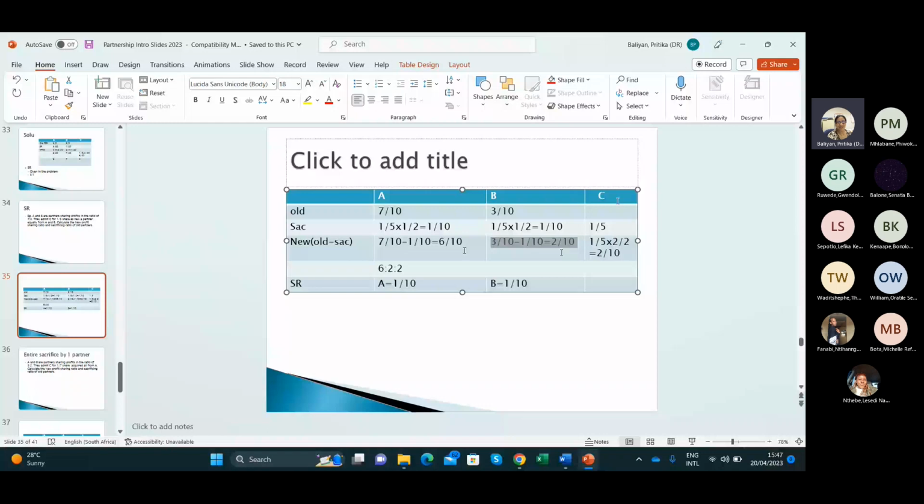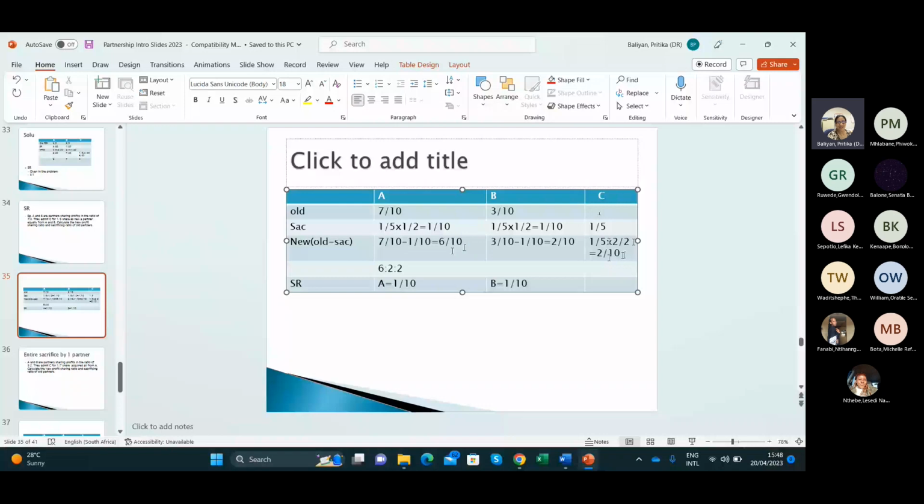So now A is 6 out of 10, B is 2 out of 10, and partner C is also 2 out of 10.